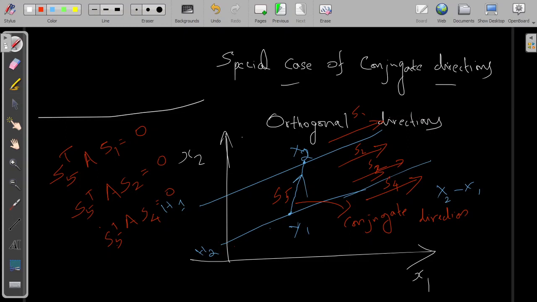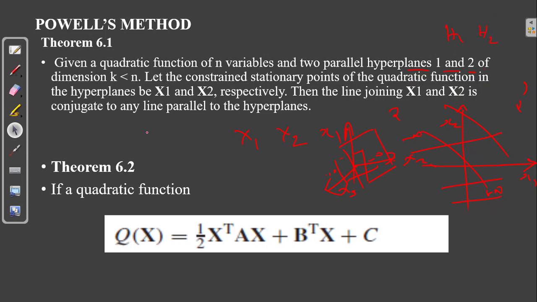That means if you want to find the conjugate direction to the vectors which are parallel to the hyperplanes H1 and H2, then you have to consider two points X1 and X2 on H1 and H2 respectively, and if you join these two points, that direction will be the conjugate direction for these S1, S2, S3 and S4. That is what our first theorem says.